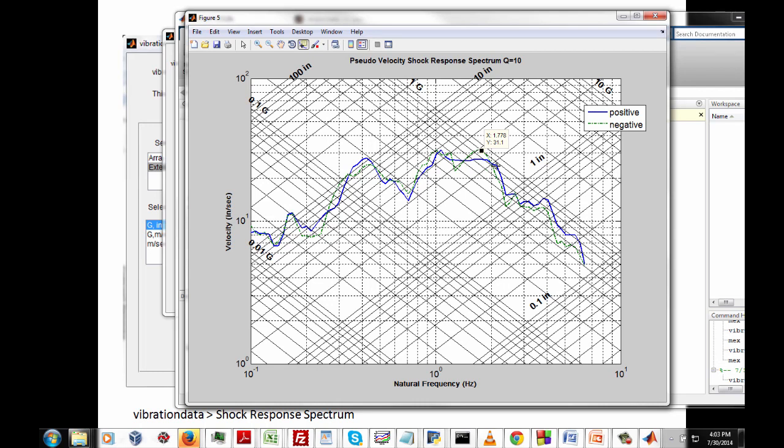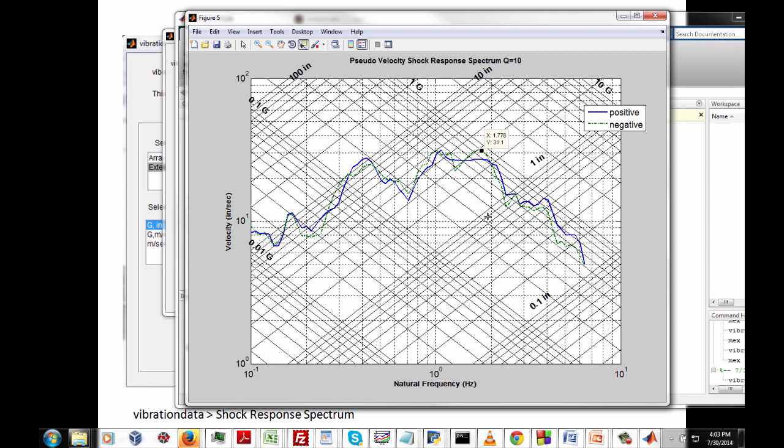If we sort out all these different lines, it looks like we are getting a relative displacement at 1.8 hertz of about 2.8 inches. Again, that's the relative displacement. So those are the three amplitude metrics occurring at 1.8 hertz.